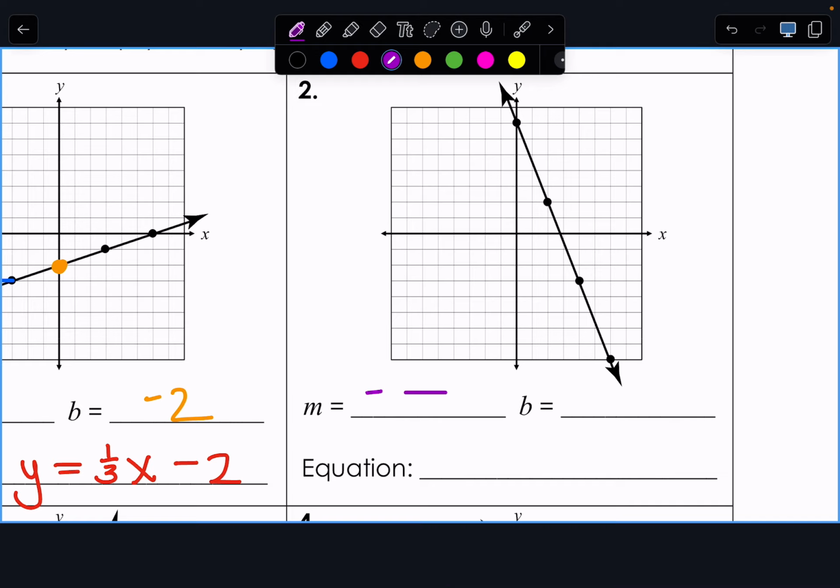If we choose a coordinate, doesn't matter which one, you can start at a different one if you want to. How far do we have to fall? 5? And how far do we run? 2. So we have a slope of -5/2.